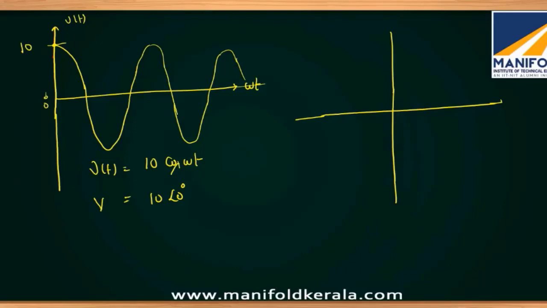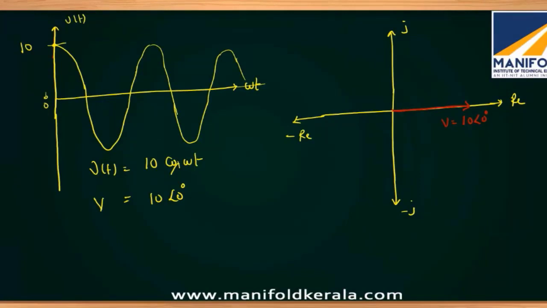Now, when you draw it in the phasor domain, there is the real axis, the imaginary or j axis, the negative real axis, and the negative imaginary axis. How do you draw 10 at an angle 0? This magnitude is 10 and angle is 0. So this is my phasor V equals 10 at an angle 0. This is how you represent it in the phasor domain.